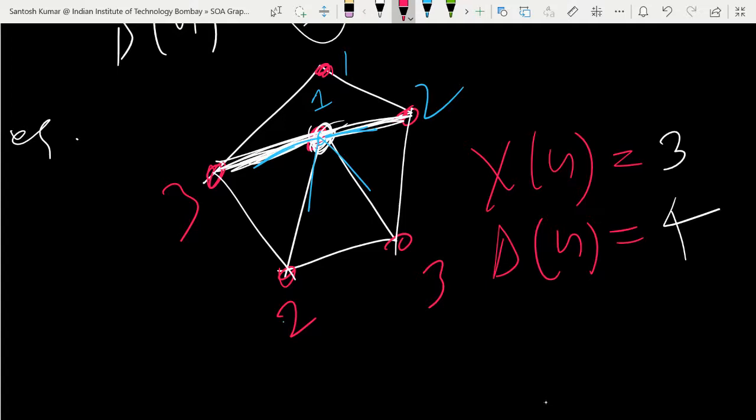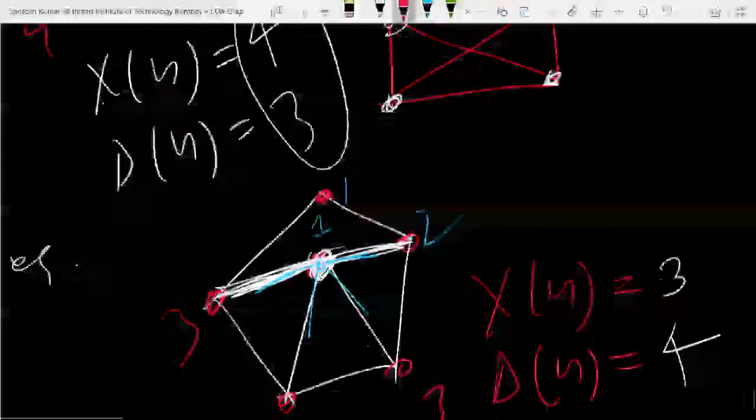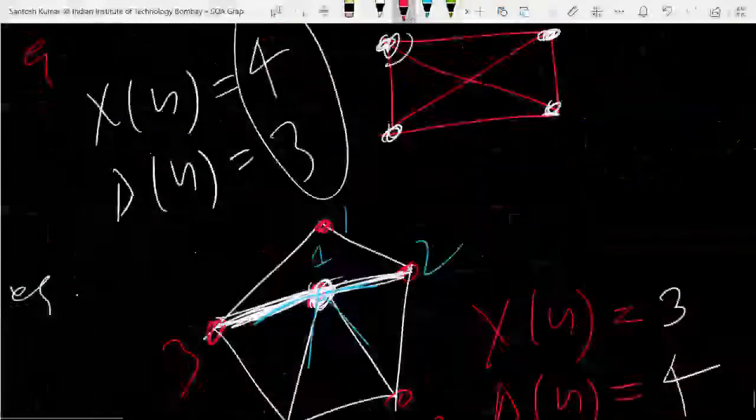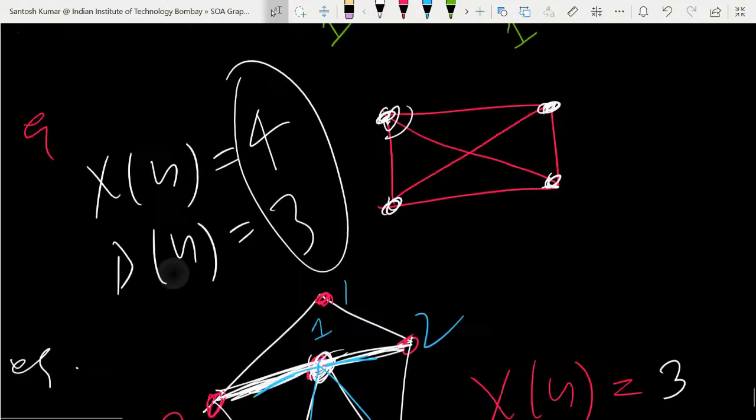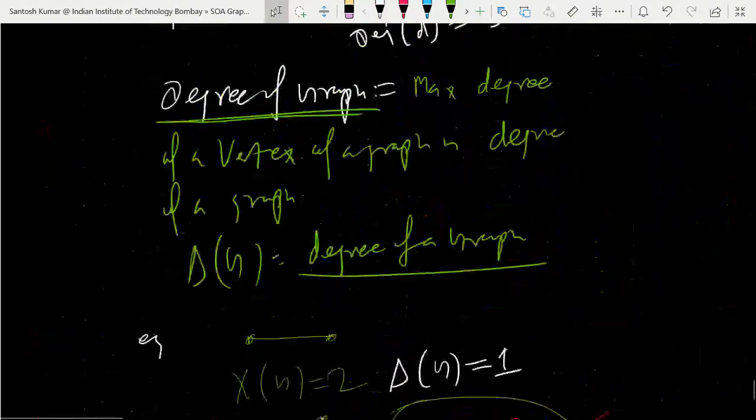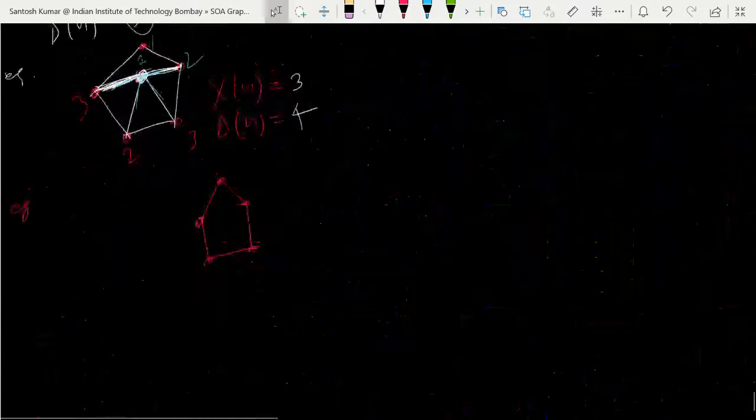Okay. So again, a similar type of thing. What do you get here? Okay, one more graph you see, then we'll reach the conclusion. This is C5. Have you taken this? Okay, no? Yeah.